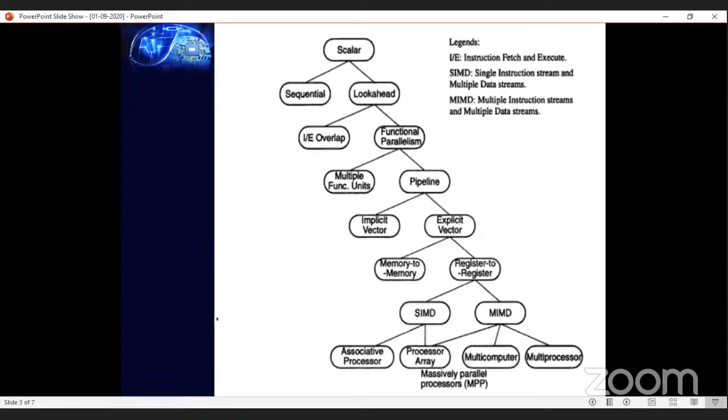Next, we have to discuss a new topic which classifies the computer architecture based on the instruction and data. Mind it, again I am saying, the topic that we completed, evolution of computer architecture, arranged the computer architecture by means of processing in general.